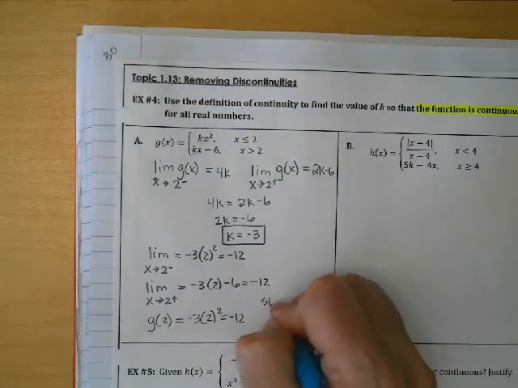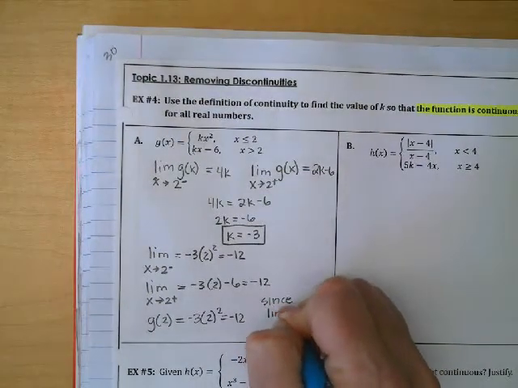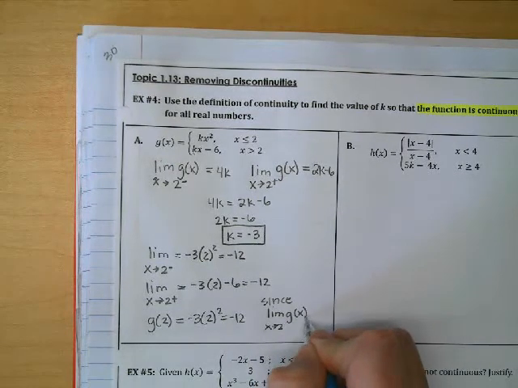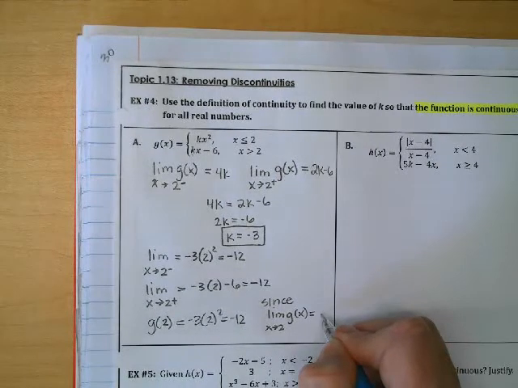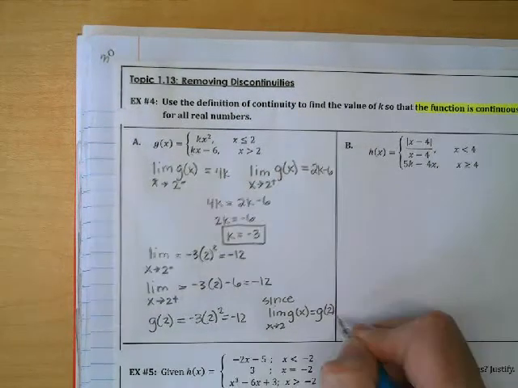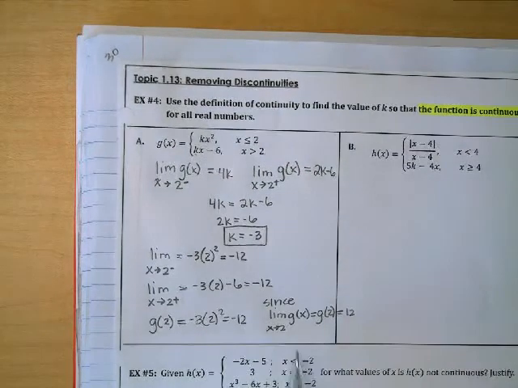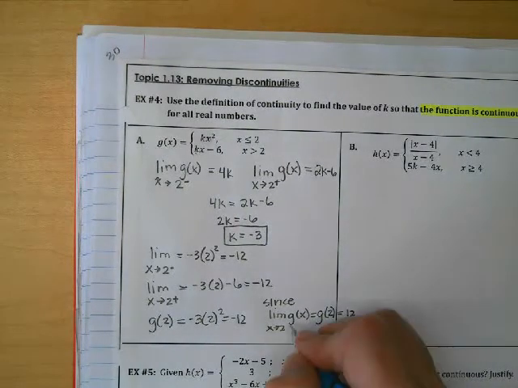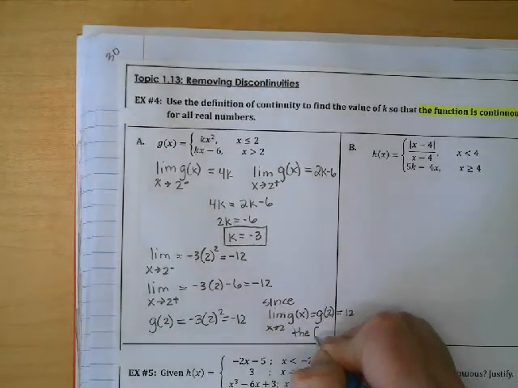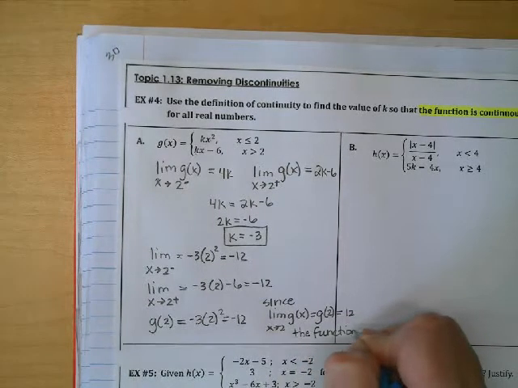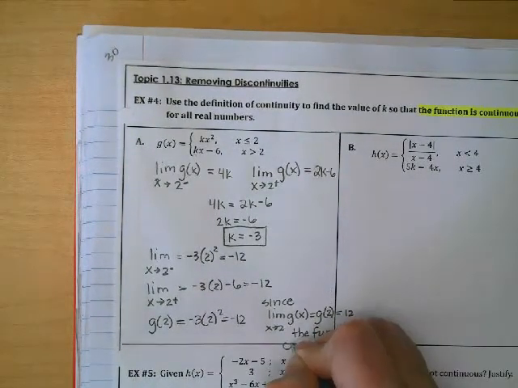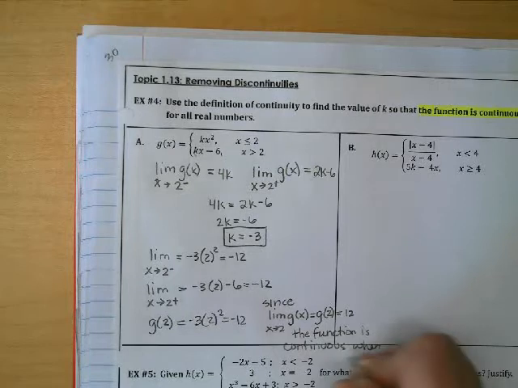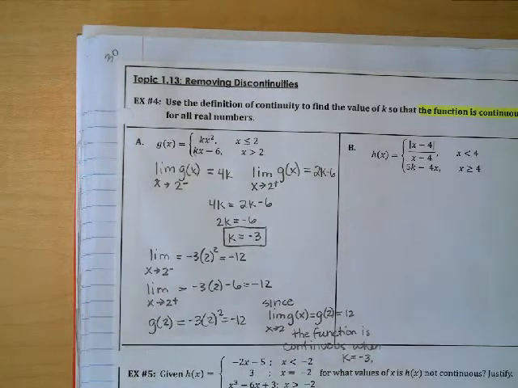Okay, so since the limit as x approaches 2 of g of x equals g of 2, I'm showing they're both equal to negative 12. That's a nice, easy way to get that in ahead of time. The function is continuous when k equals negative 3. Okay?